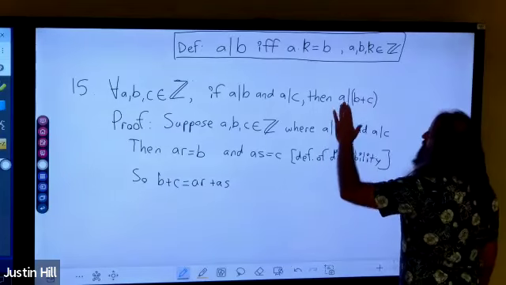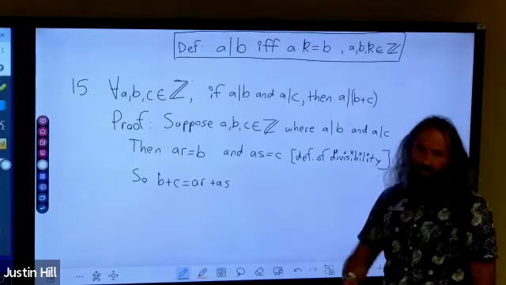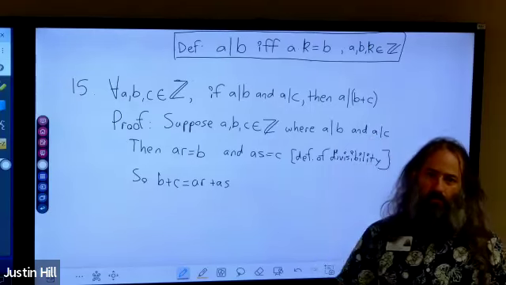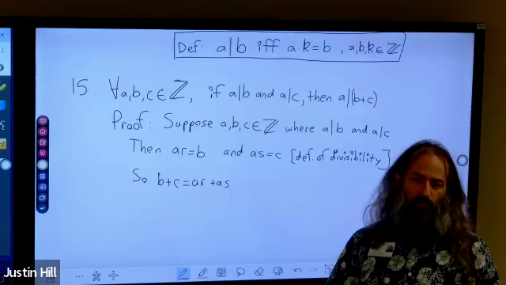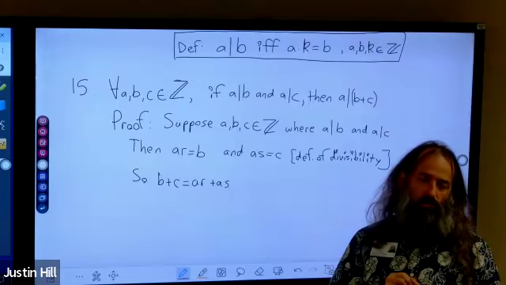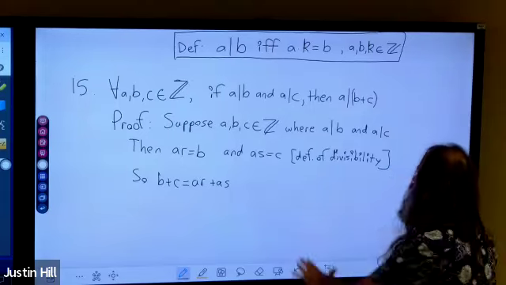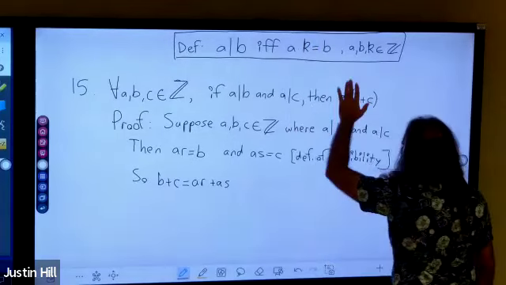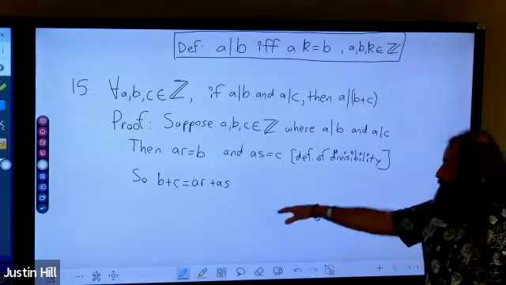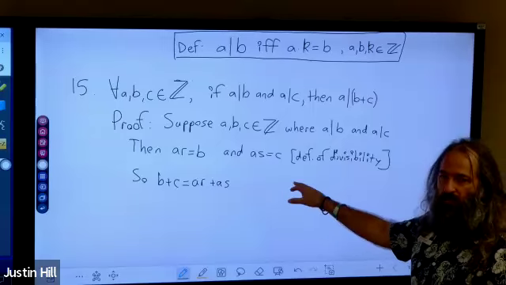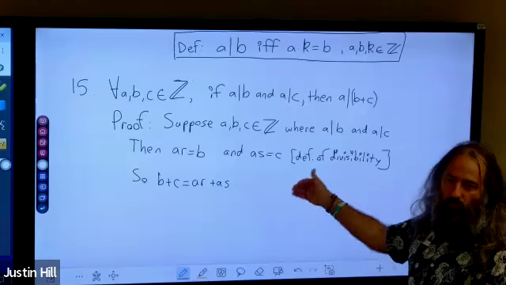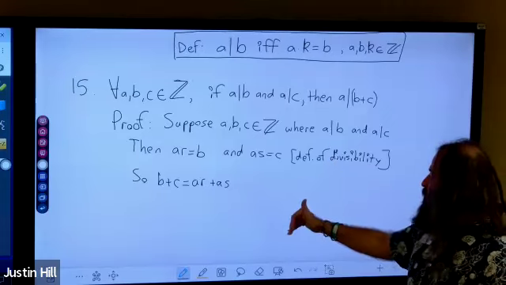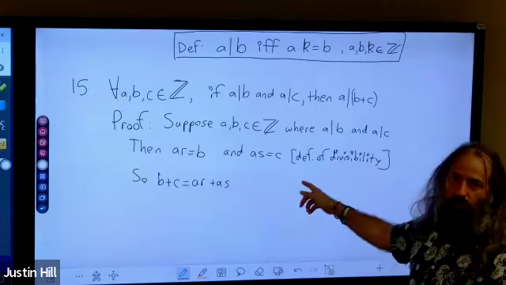Our goal is to say A divides B plus C, but what do I need to show the reader? I need to show that A times an integer equals B plus C. We have some algebra to do, and we want that algebra to bend us towards A times an integer equals B plus C.